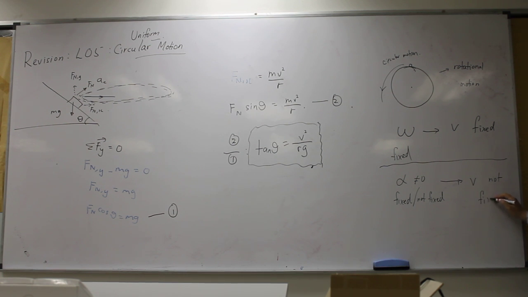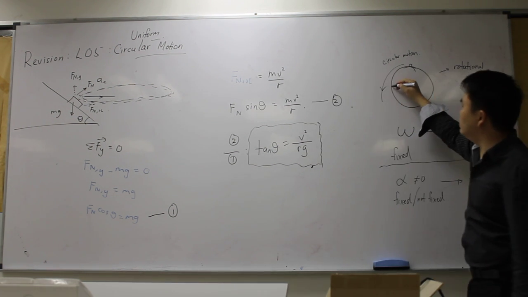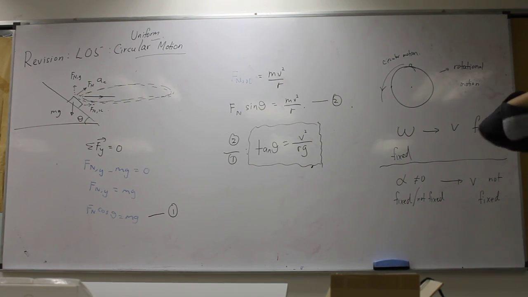If your v is not fixed, it's no longer uniform circular motion. You can still use this formula mv squared over r, but this v is the v at that particular instant. It's not the v for the whole system, but just the v of the object at that particular instant. And for more information, I will discuss it in the rotational motion part.